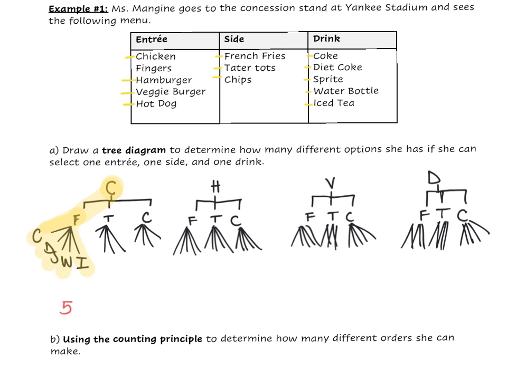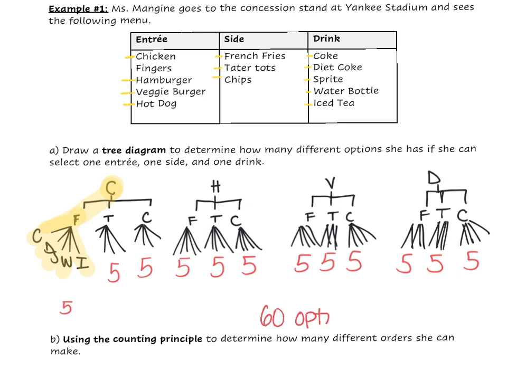So all I would really have to do is say there's going to be 5 here, 5 here, 5 here, and add up all of these possibilities, and that would be the number of options that I would have. So let's count how many 5s we have. 5, 10, 15, 20, 25, 30, 35, 40, 45, 50, 55, 60. Oh boy. So I have 60 options when I'm ordering at the concession stand.